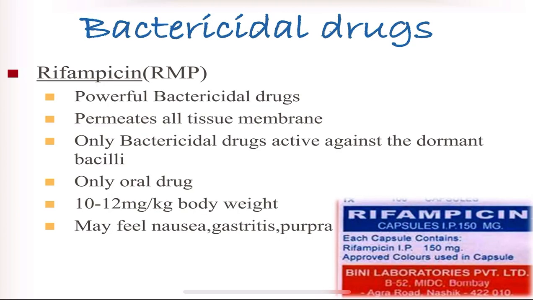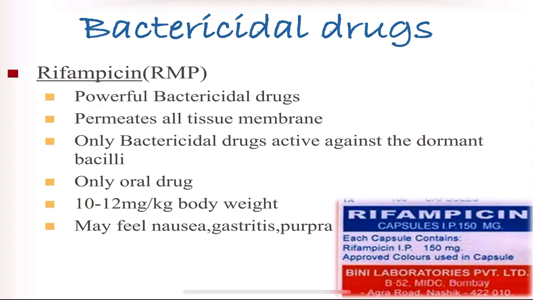To begin with the bactericidal drugs, the first drug we have is rifampicin. Rifampicin is a powerful bactericidal drug. It will permeate all the tissue membranes, including the blood-brain barrier and also the placental barrier.